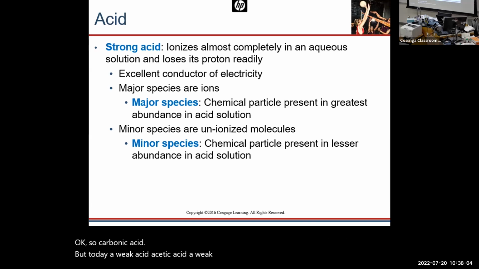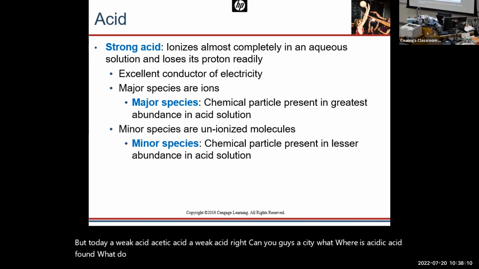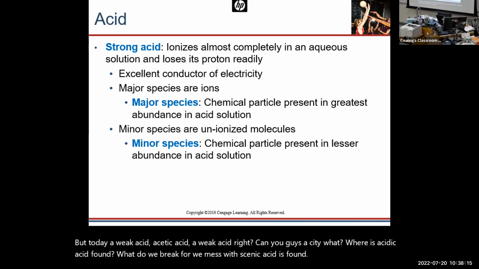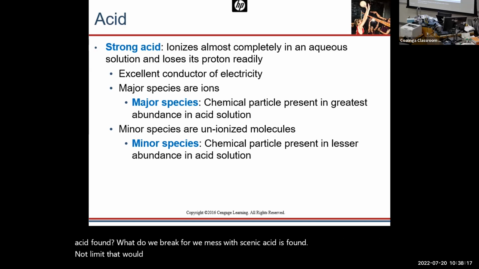Where is acetic acid found? What do we drink or mess with that acetic acid is found in? Lemon? Not lemon, that would be ascorbic and citric acid. Vinegar. So acetic acid is just vinegar, right? Do you guys drink vinegar?